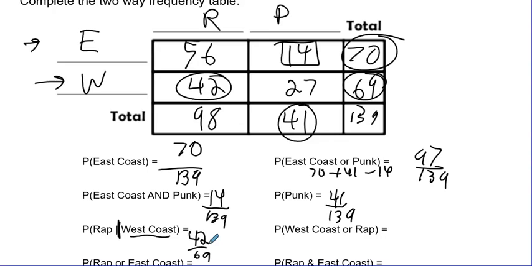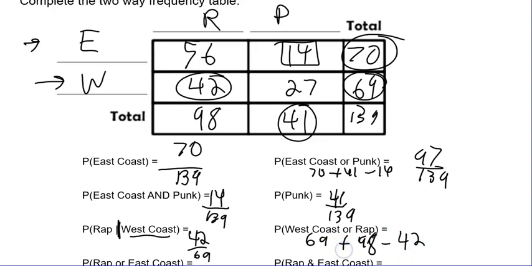Okay, West Coast or rap. This is another one of those that overlap. So West Coast is 69. Rap is 98. Well, what's the overlap of West Coast and rap? Okay, it's 42.